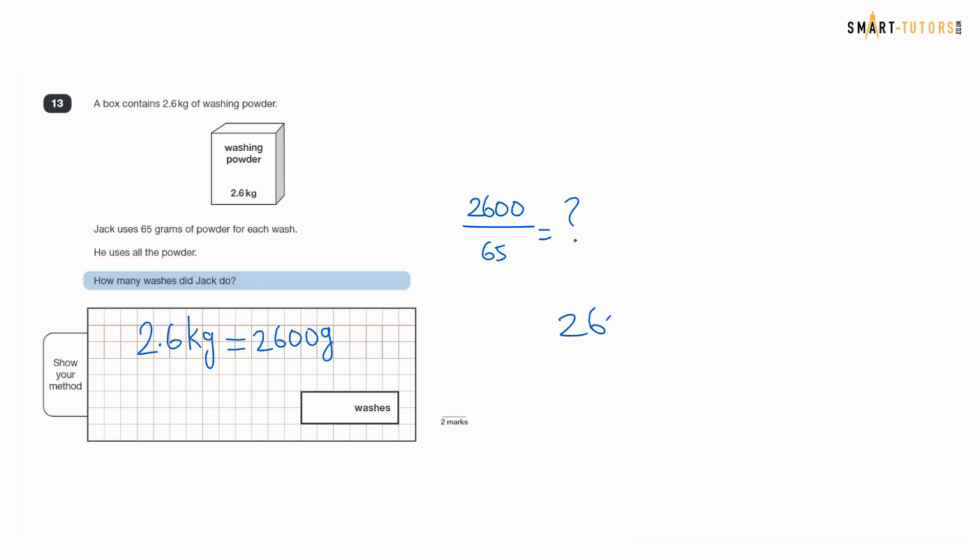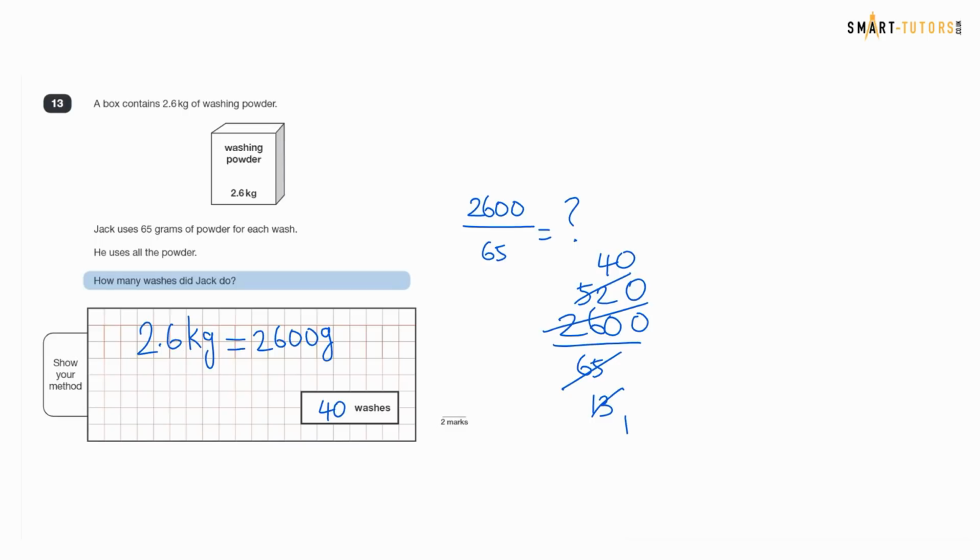It will be easier if you divide it by 5, and remember, it's not grams, it's washes. So you need to divide it carefully and you will get 40. Well done. So that is the answer, 40 washes.